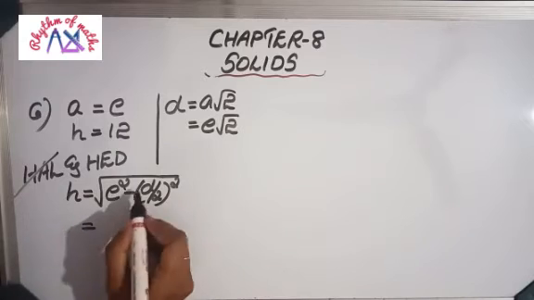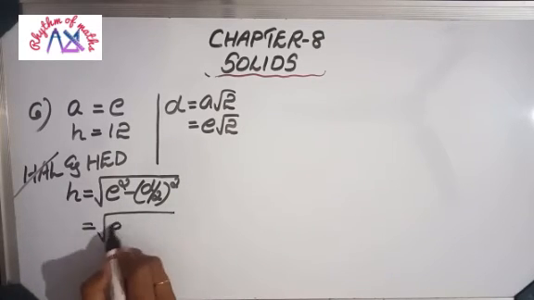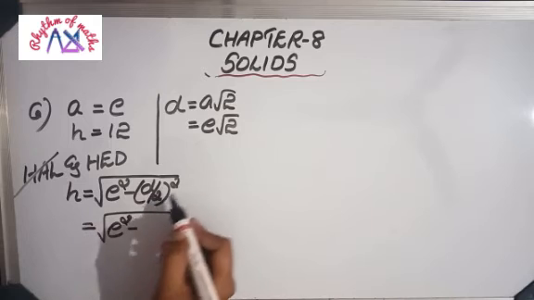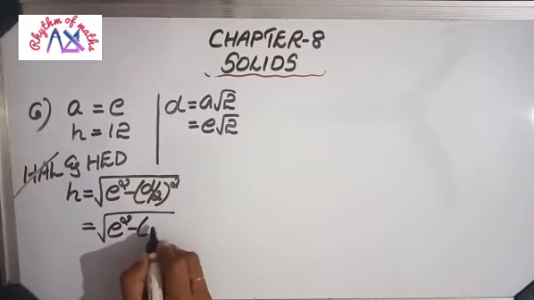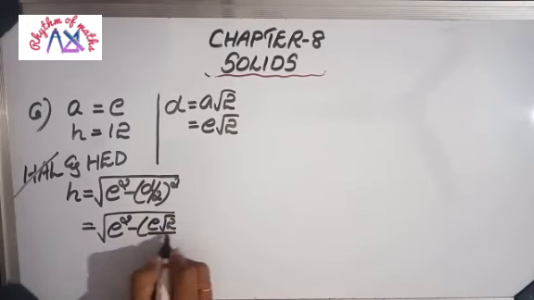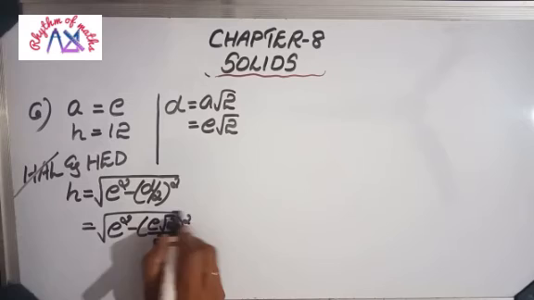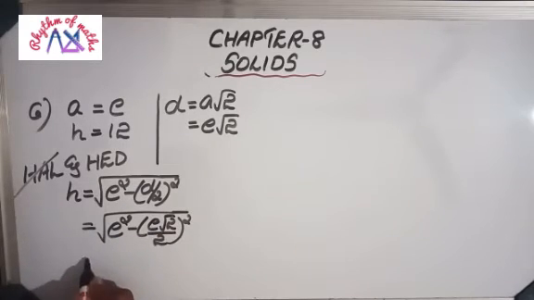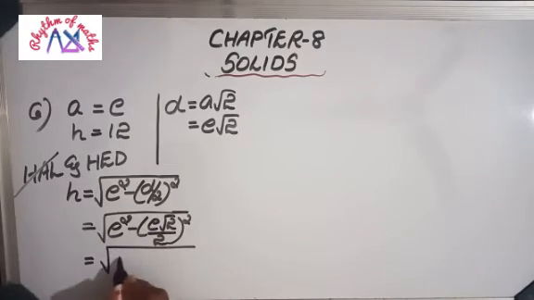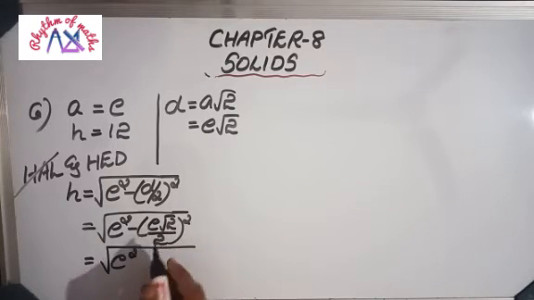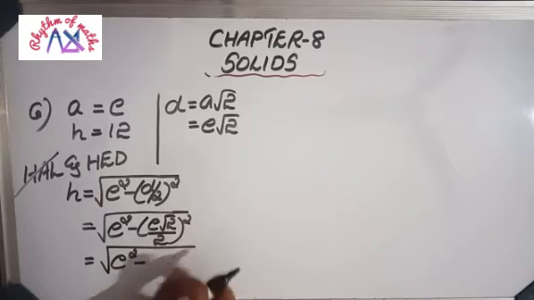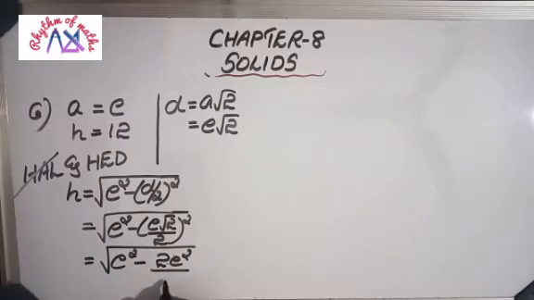So let's apply root of e square minus d by 2. d by 2 means d is e root 2, so (e root 2 by 2) the whole square. Let's simplify. Equal to root of e square minus e root 2 square by 2 square. So it is e square, root 2 square is 2, so 2 e square by 2 square, which is 4.